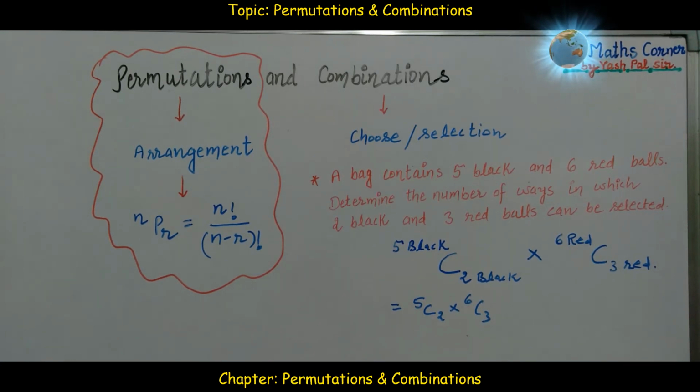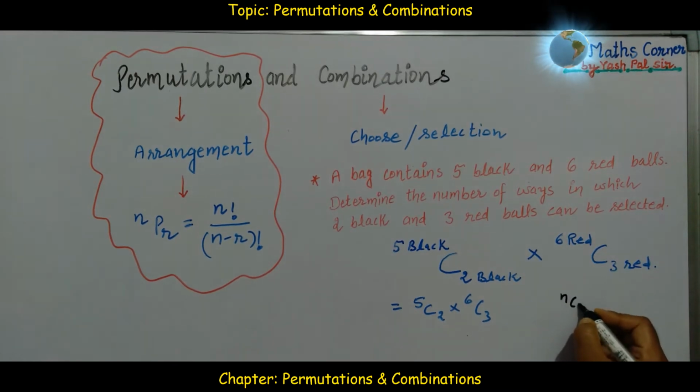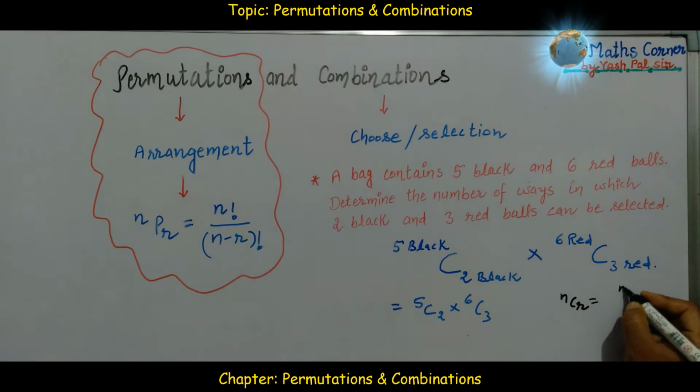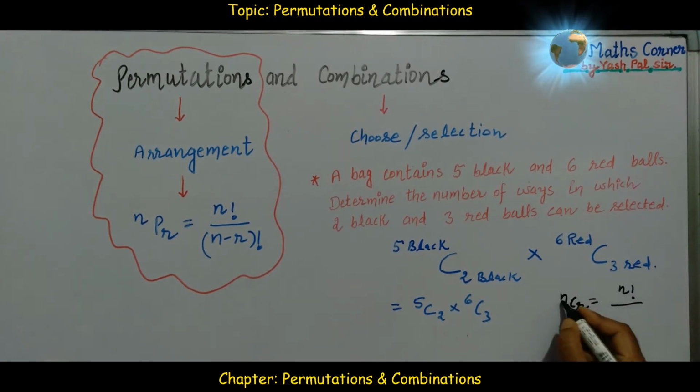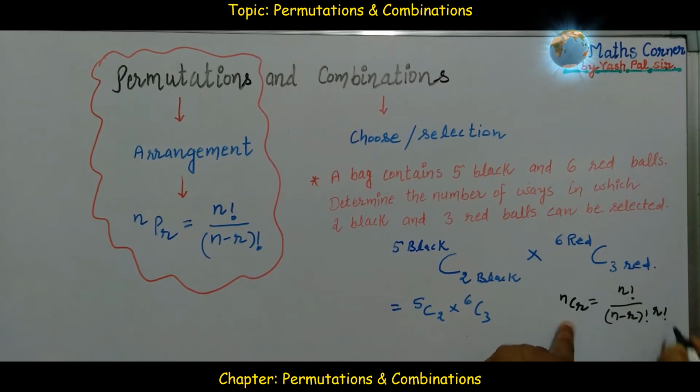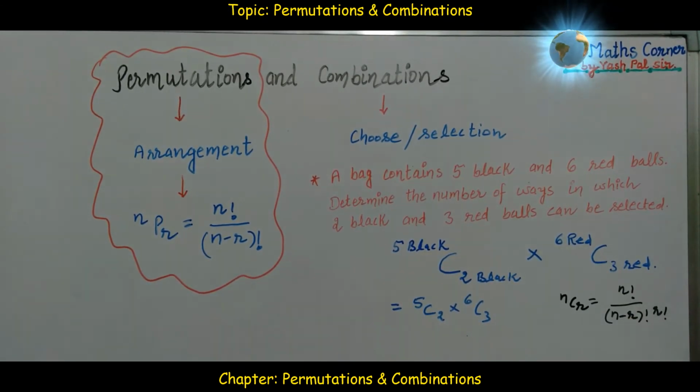Now again we need to know what this is. We have nCr. The meaning of nCr is n factorial divided by n minus r factorial into r factorial. Right? So similarly we can solve the question.